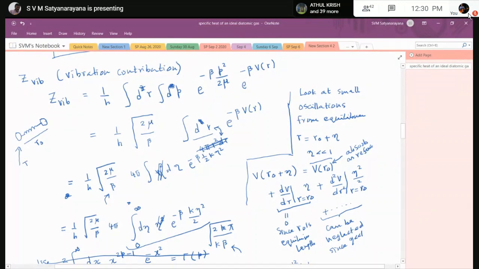So let's say it gets extended a little bit, and this is what we call eta. And this eta dynamics is like a harmonic oscillator because whatever your potential is, very close to equilibrium you can expand it and show that if eta is small, then it will be like half k eta square.